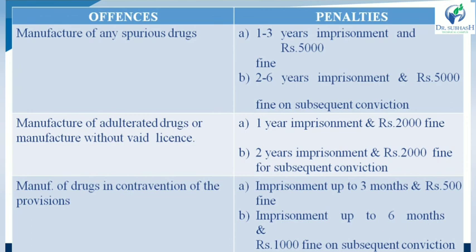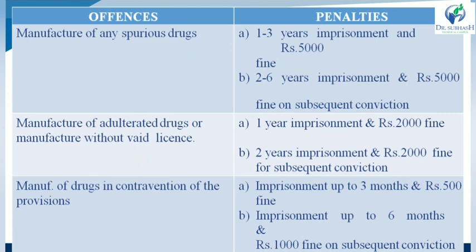First one, manufacturing of any spurious drug substance: 1 to 3 years imprisonment and Rs 5,000 fine. And if you subsequently manufacture any spurious drug product, 2 to 6 years imprisonment and Rs 5,000 fine on subsequent conviction.